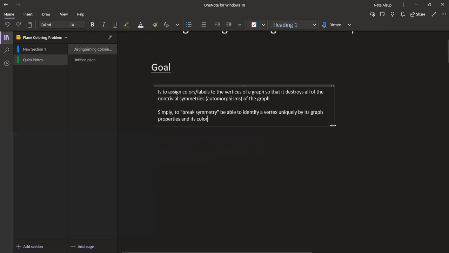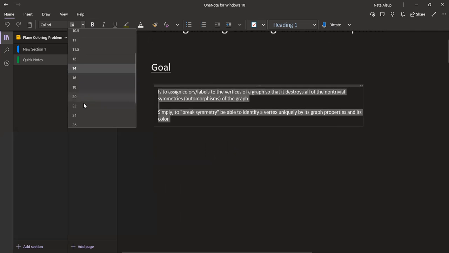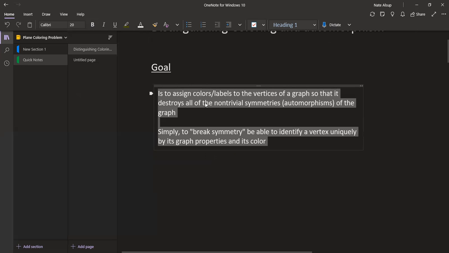So that's basically the overall goal and the purpose of what we're talking about today: to assign labels to vertices on a graph to make sure that it destroys all the symmetry.